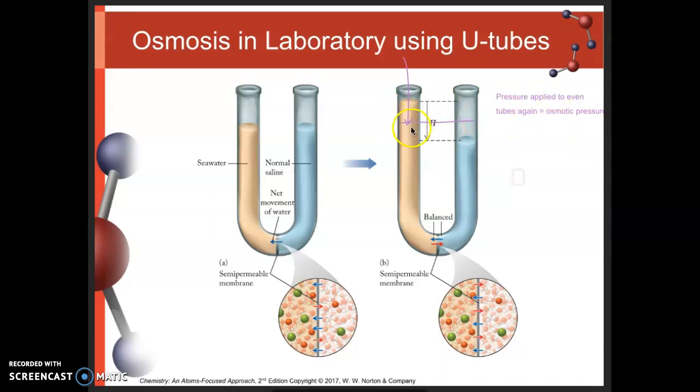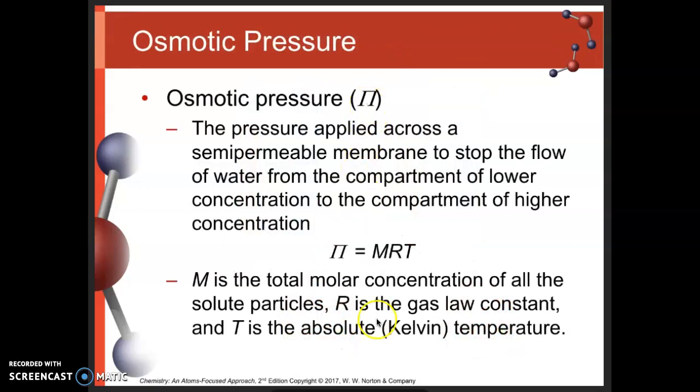So we can use osmotic pressure to calculate just how much force would be required to even that out. So we can look at it as the official book definition is the pressure applied across that semi-permeable membrane to stop the flow of water from the area of high concentration to the area of low concentration.